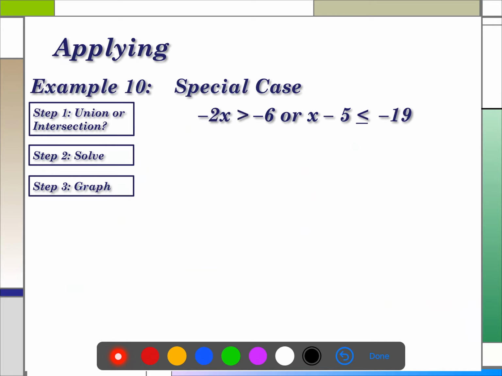Okay, one last problem. All right, this is an OR. So now this is a union. Okay, when I solve this one, oh, my rule has emerged here. I've divided by a negative, so I need to flip my sign.